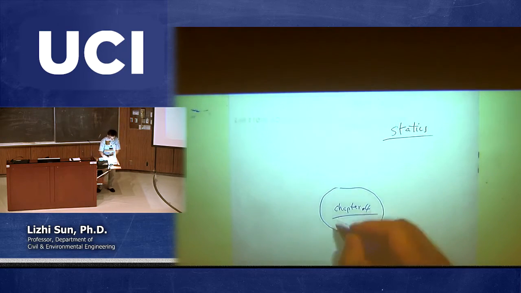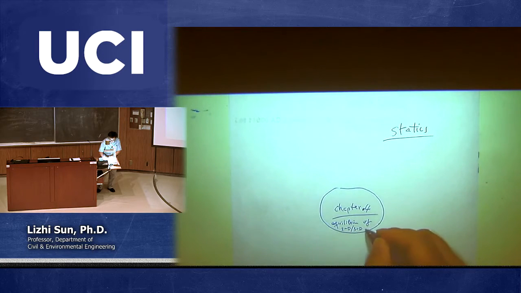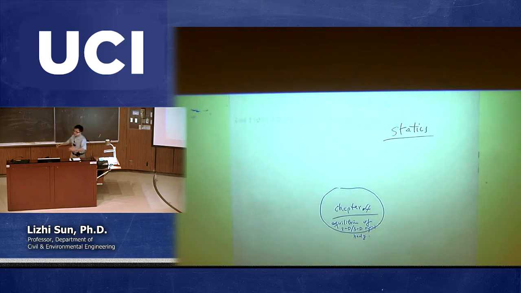So basically, we're talking about equilibrium of two-dimensional or three-dimensional rigid bodies. And then, of course, you need to know, if we're talking about a two-dimensional rigid body, we should have three independent equations to solve for three unknowns.